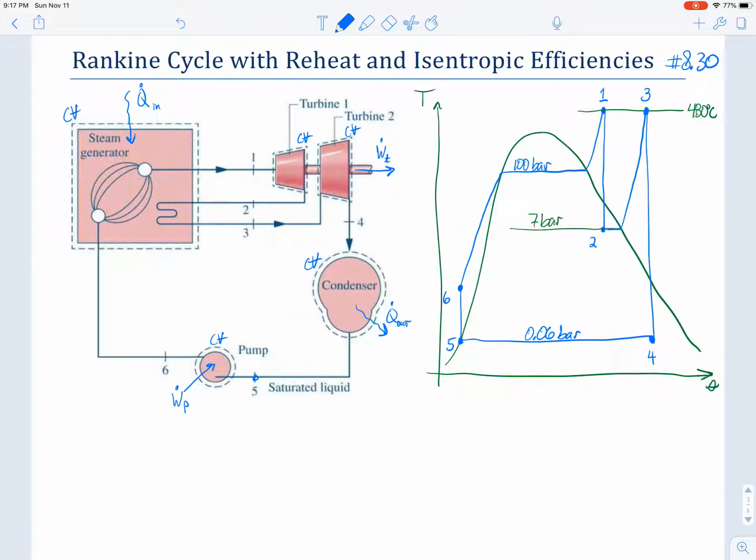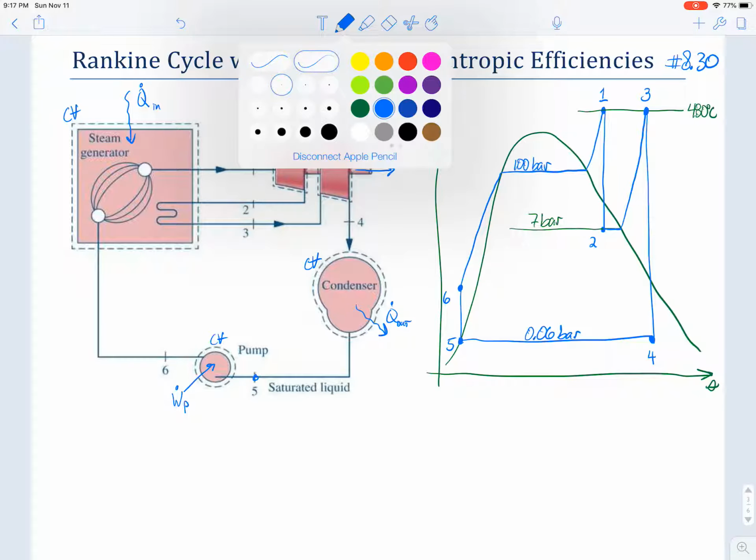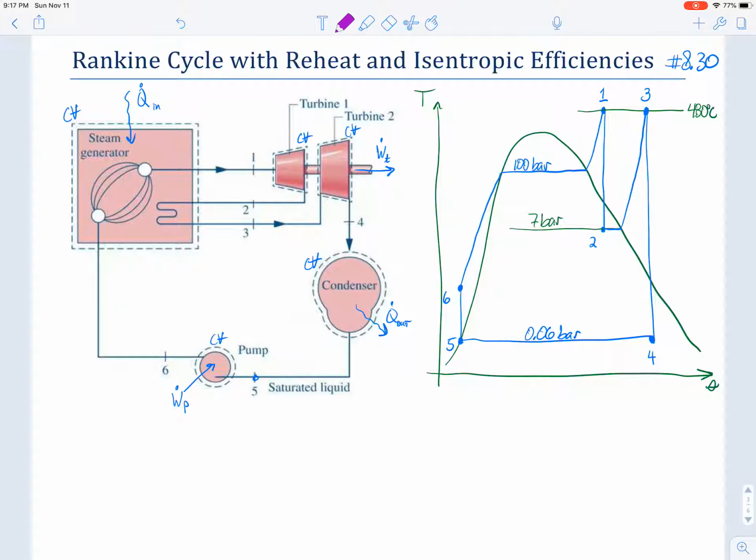Okay, now let's include the effect of isentropic efficiencies on the turbines and the pump. So what is that going to do for us? I'll switch to another color. So the pump, in reality, you have to overcome irreversibilities such as friction, heat transfer.